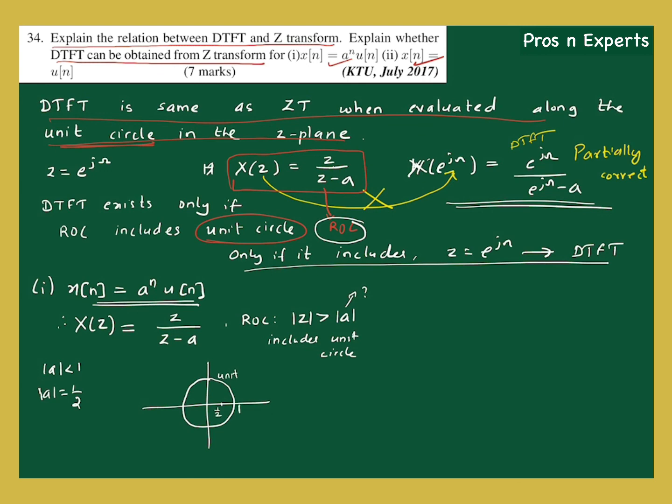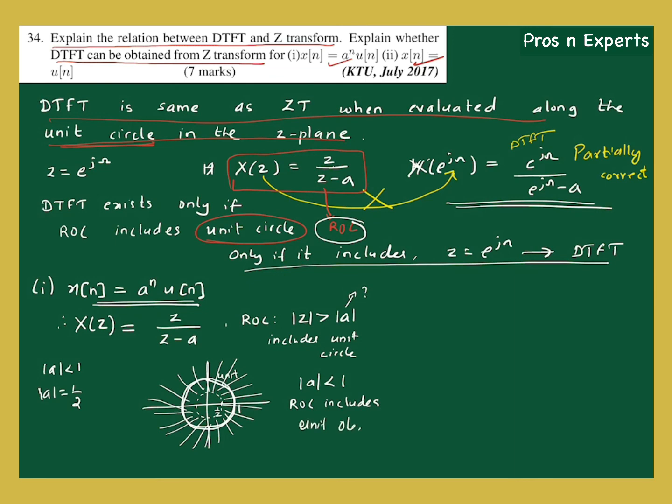Mod z greater than half means you consider a circle at half, so this entire portion will be the ROC, which clearly includes the unit circle. So when mod a is less than 1, the ROC includes the unit circle. Only then does the ROC include the unit circle, otherwise it does not.